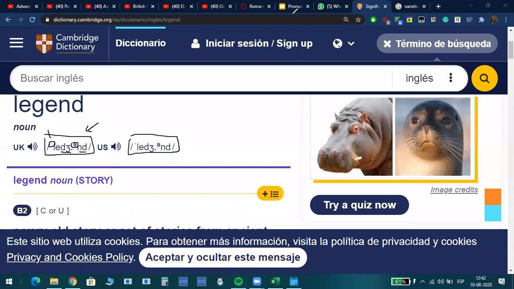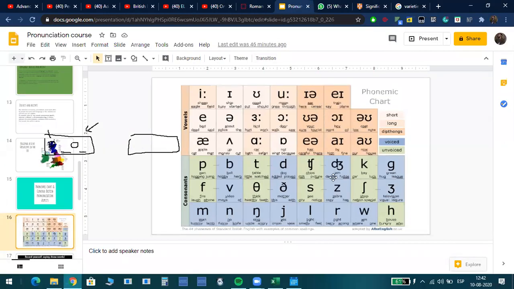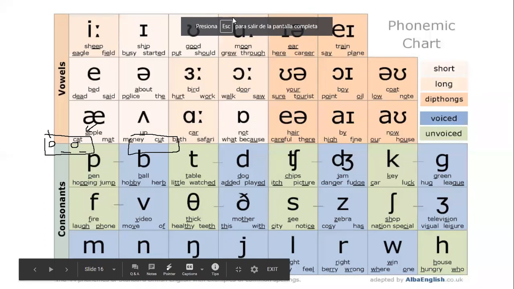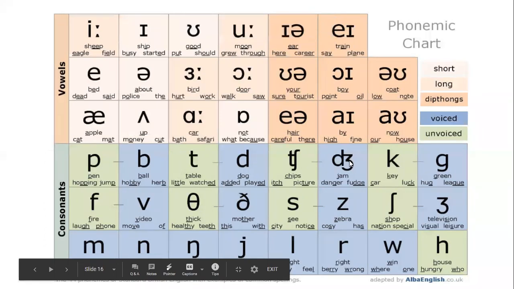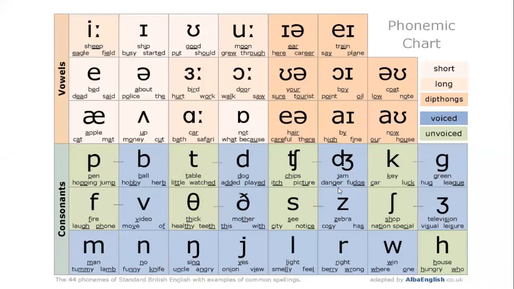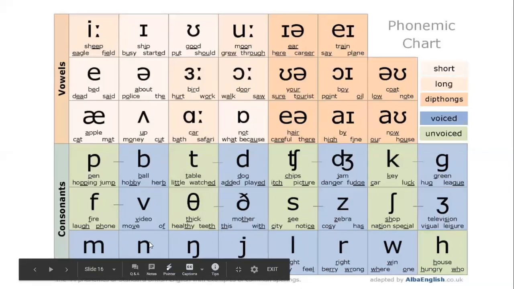I'm going to go now. Look at that sound. J is right here. Let me open this back again. We have those sounds there. J. So we have L, le, J, and the sound ND, and diligent.